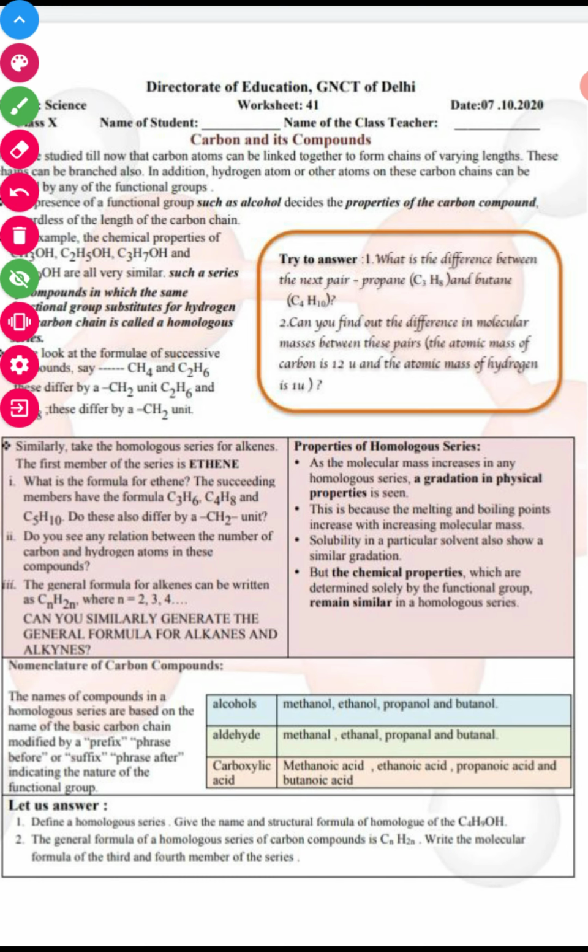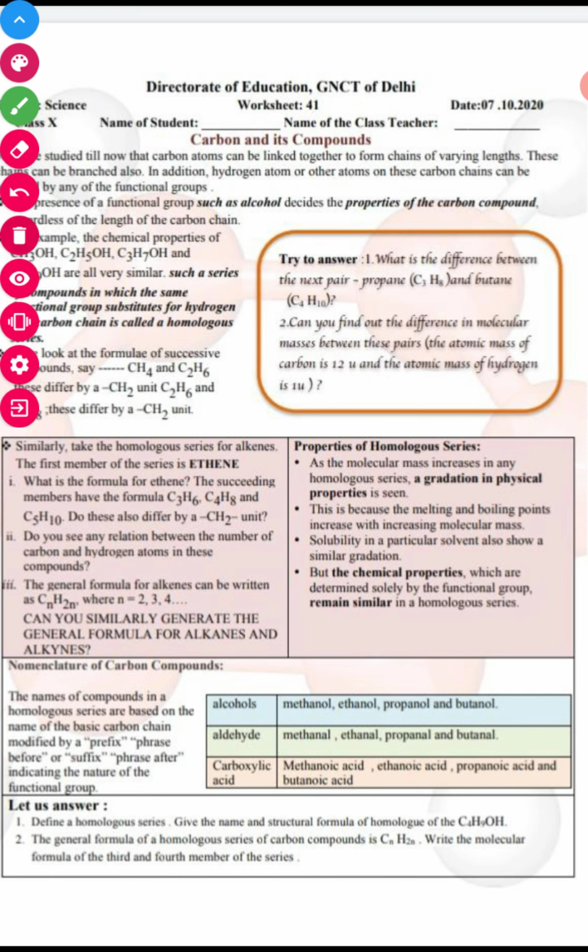Solubility in a particular solvent also shows a similar gradation. But the chemical properties, which are determined solely by the functional group, remain similar in the homologous series. In a particular homologous series of a particular functional group, all the chemical properties remain the same.